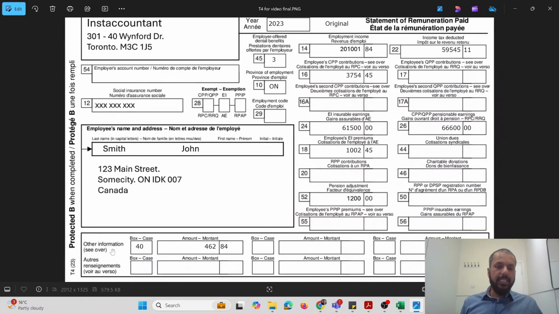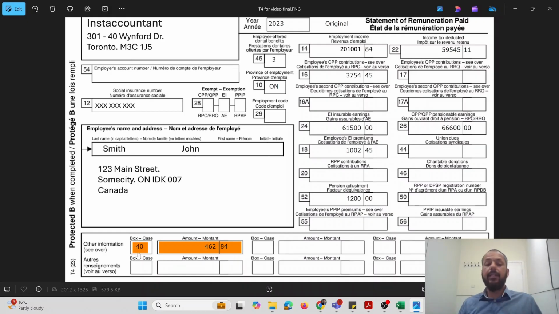Another amount you might see, box number 40. These boxes do not have a number over here because these are special boxes for any special kind of situation. For example, this 462 could be any kind of benefit that you got that was taxable, and an appropriate code is put over here.